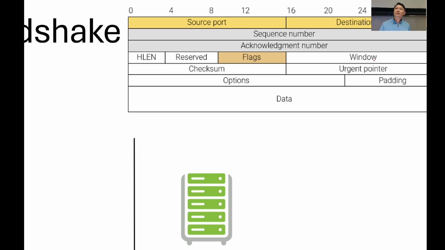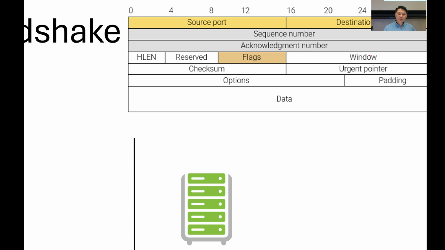IP address? MAC address? No, TCP uses the port number, right? What's the size of the port? 2 bytes, right? So 2 to the 16. That's 64K, the maximum size of the port number, maybe 65,000 and so on.